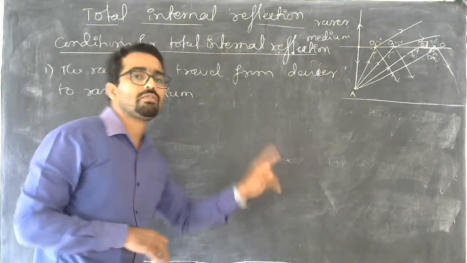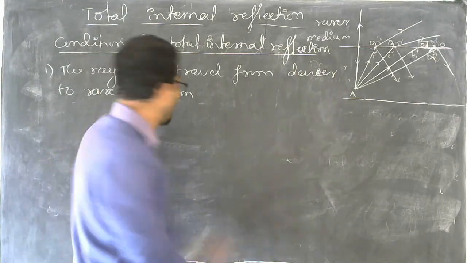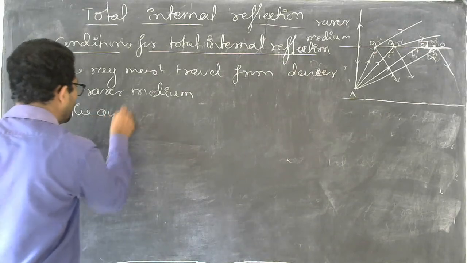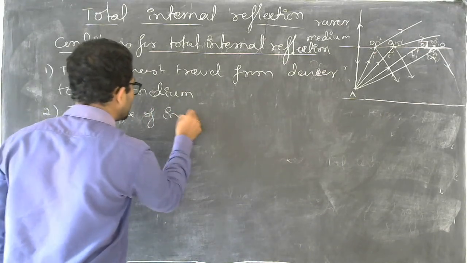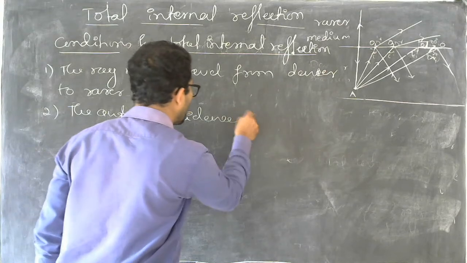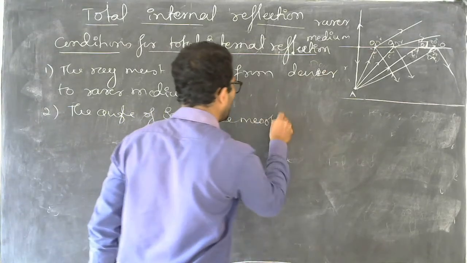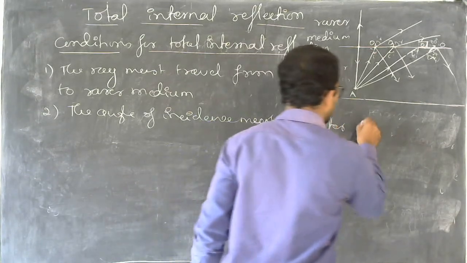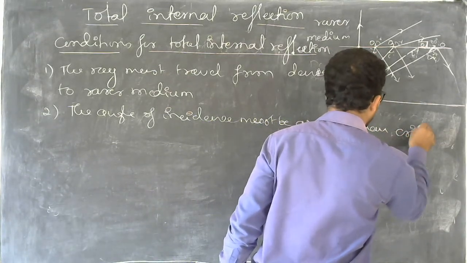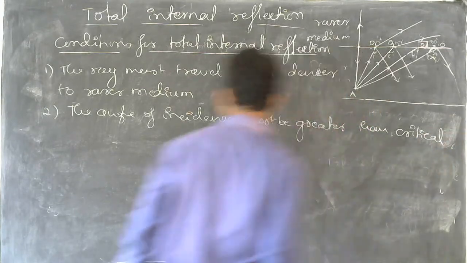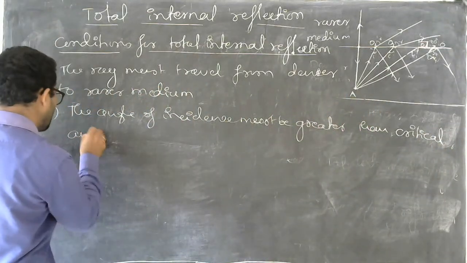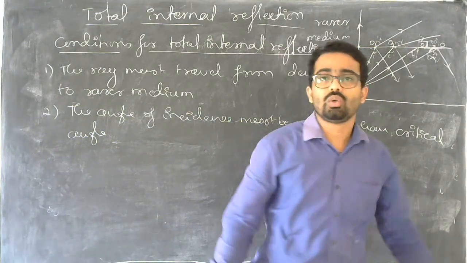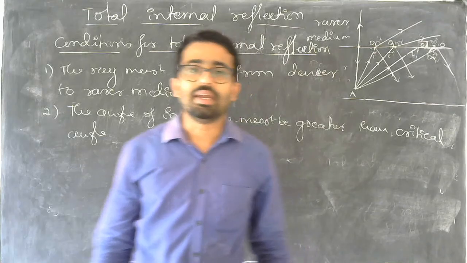That's why the angle of incidence must be greater than the critical angle. That is the second point: the angle of incidence must be greater than the critical angle. So these are the conditions for total internal reflection to happen.